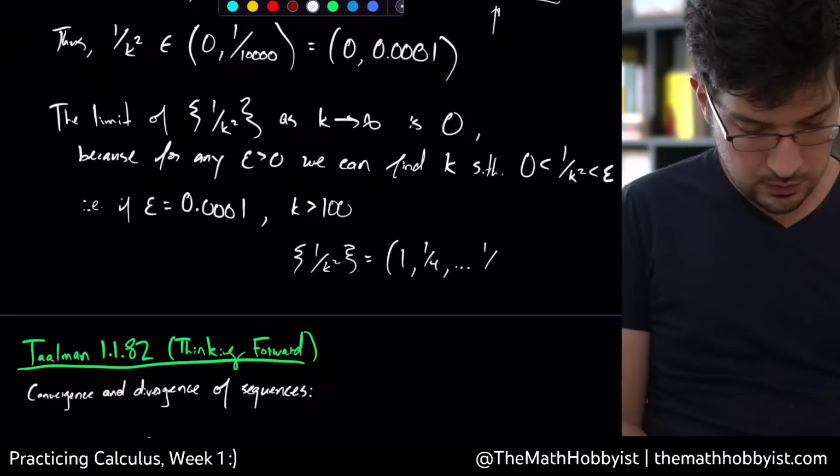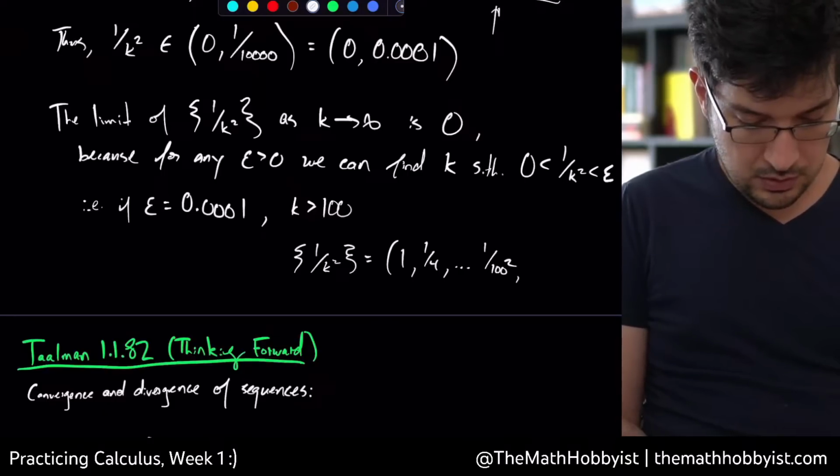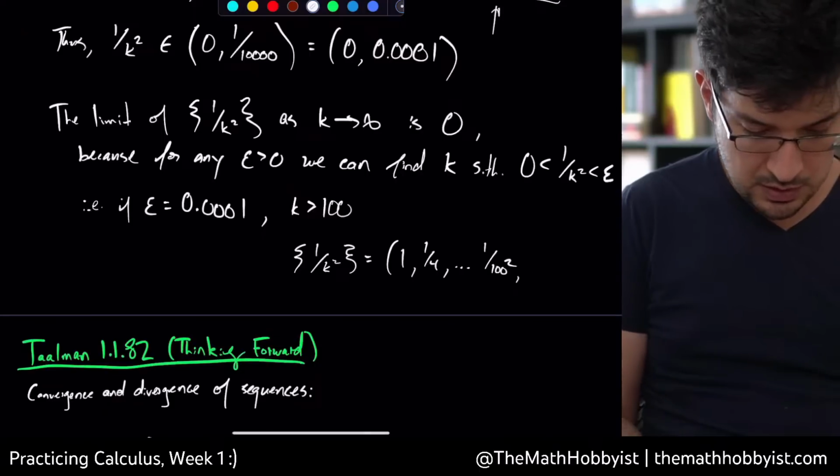So 1 over 100 squared, 1 over 101 squared.